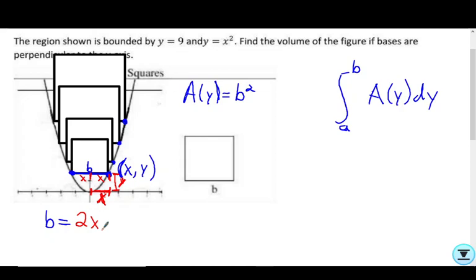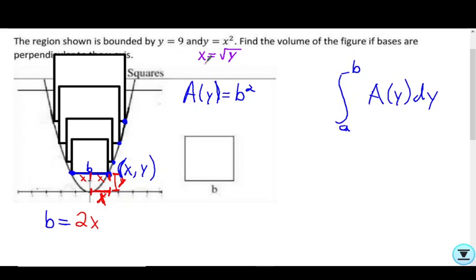Okay? Now that's still problematic because my area equation has to be in terms of y. So what I have to do here is go back up here, and I know what y is equal to. I need to know what x is equal to. And in this case, x is equal to the square root of y. Technically, plus or minus the square root of y, but we're just going to use the positive side. Okay?